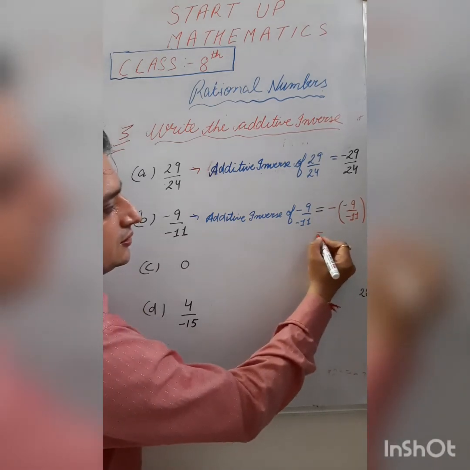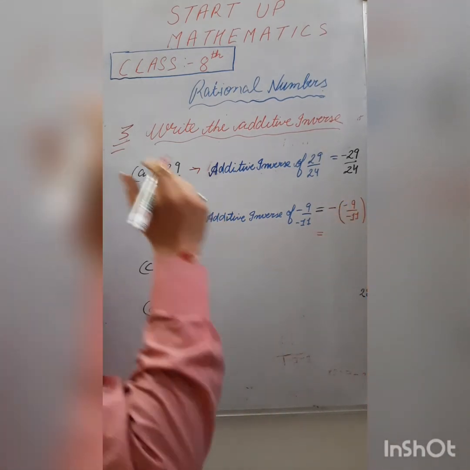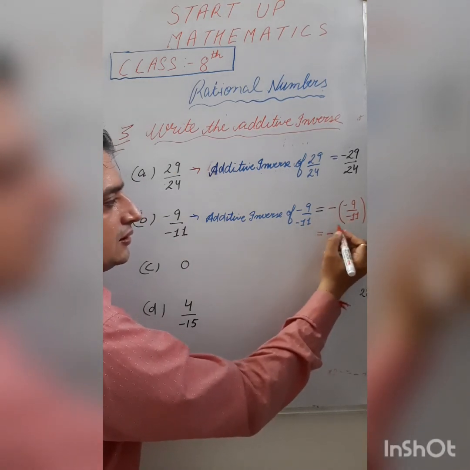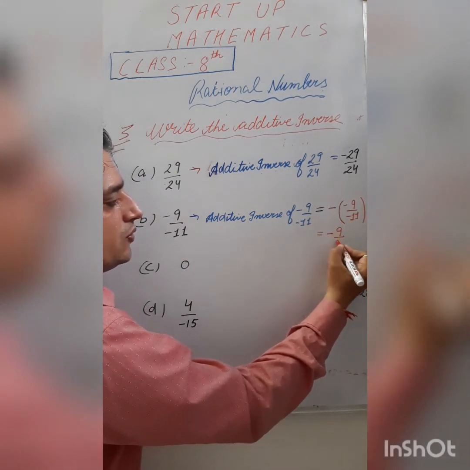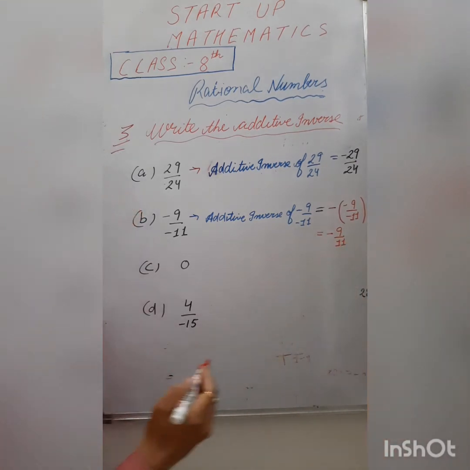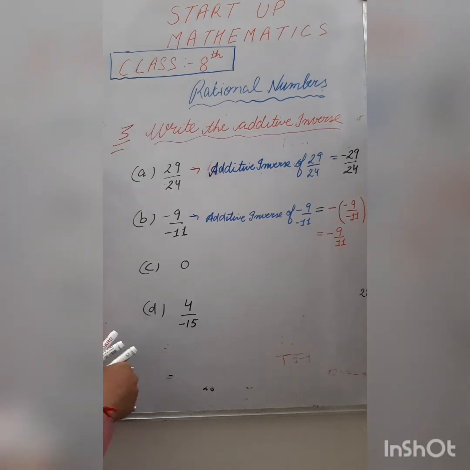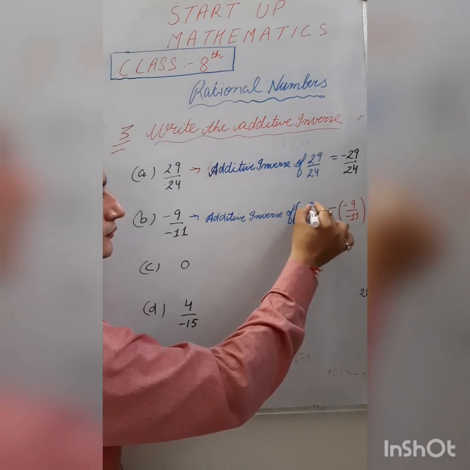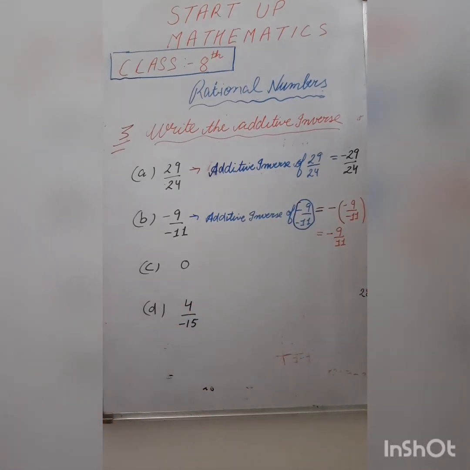So here the minus sign with numerator and denominator both cancel out. The outside sign remains, and the answer is minus 9 upon 11. So this is the additive inverse of minus 9 upon minus 11.